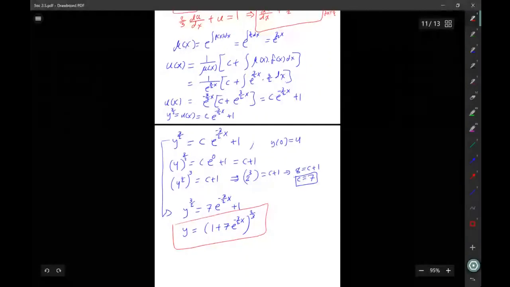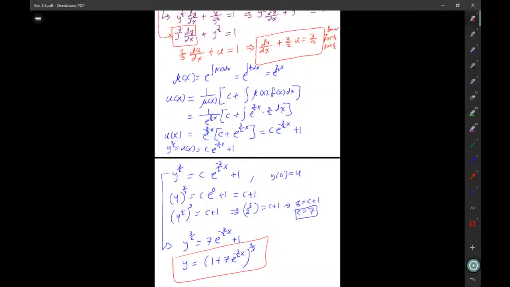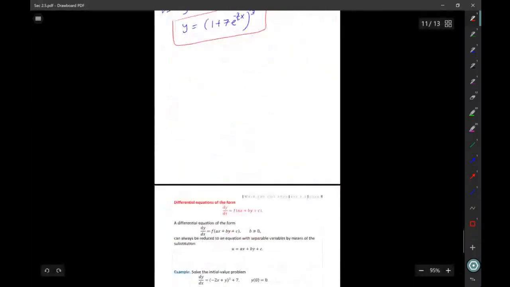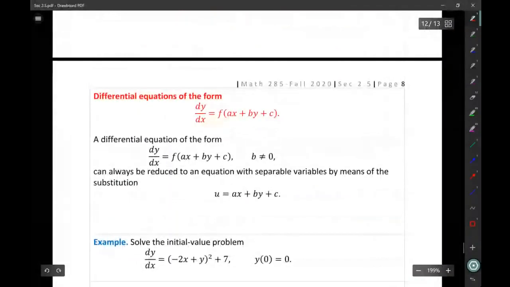Any question here for this example? Any question? Bernoulli is very simple and straightforward. All right, no question. Go to the last type of differential equation.